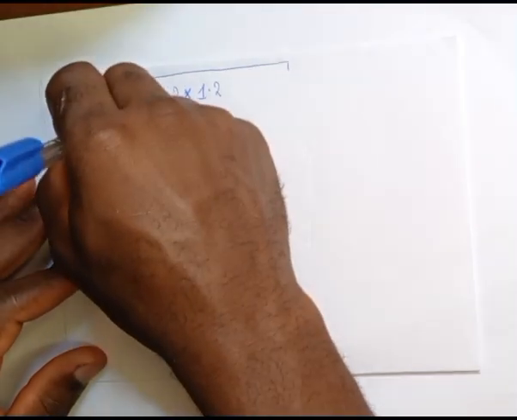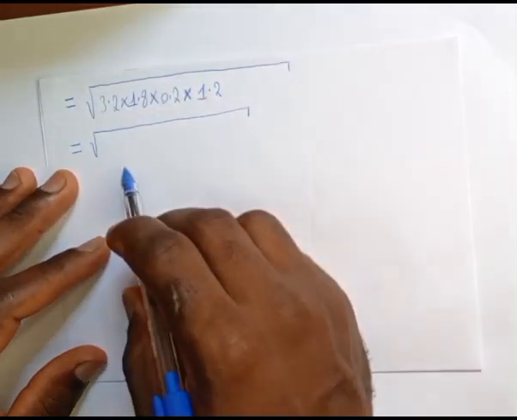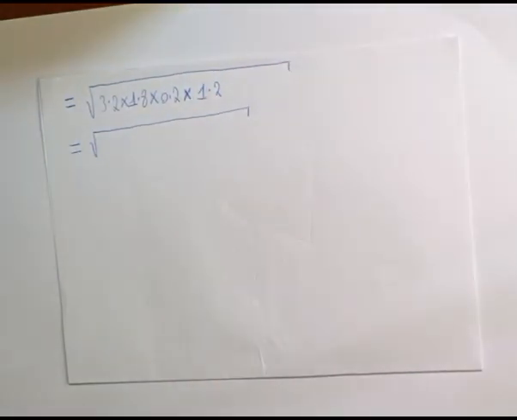This will simply be equal to the square root of 3.2 times 1.8 times 0.2 times 1.2.